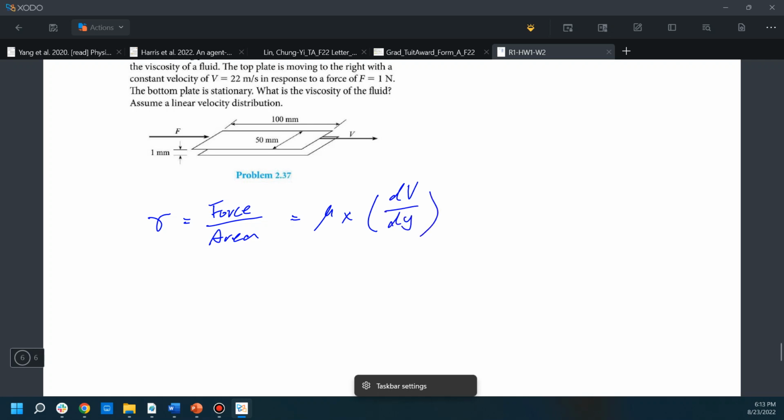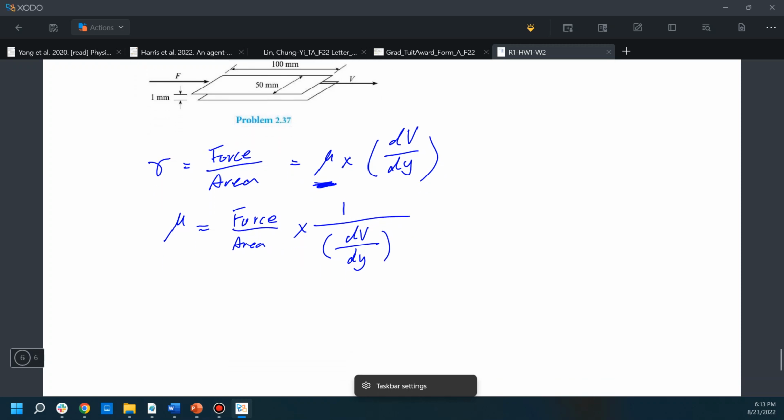Okay, so we will use this relationship to solve for the viscosity. That means the viscosity is equal to the force divided by area times 1 over dV/dy.